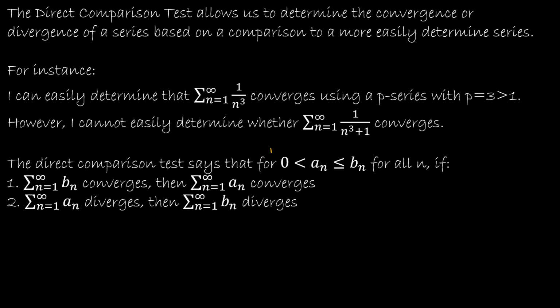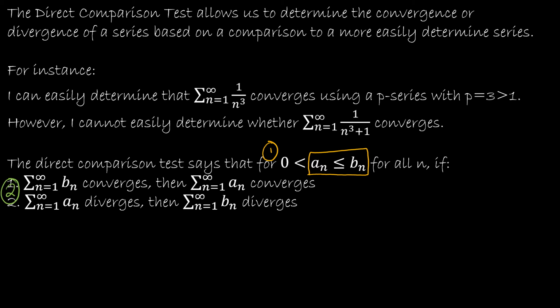We need for this to be true, which is that a sub n is less than or equal to b sub n, and they both have to be non-negative. So that's the first thing we need to do. The second thing we need to do is to then say one of these two things. So this is step 2.